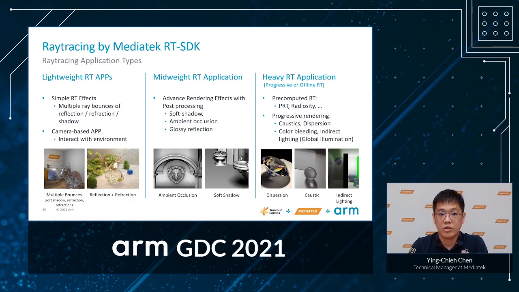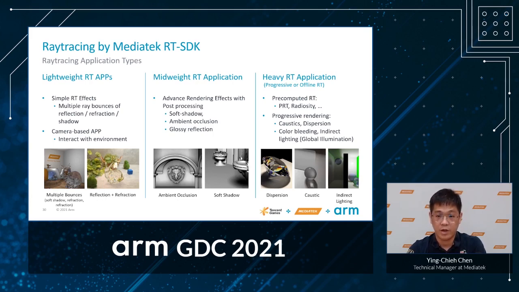In the first image, the combination of reflection and refraction is shown on the crystal bunny and the teapot. In the second image, the virtual bunny object can interact with the real environment as long as we have the image provided by camera.